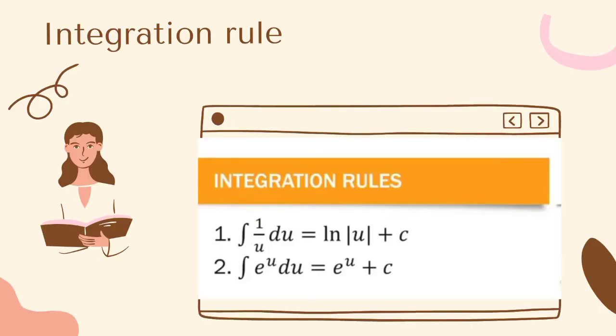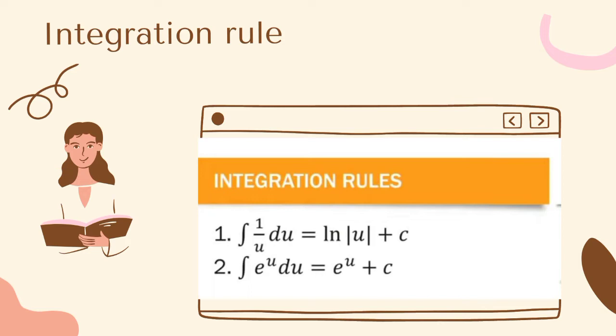So these are the integration rules for integrating transcendental functions. If we have the integral of 1 over u du, then it is equal to the natural logarithm of u plus c. And if we have the integral of e raised to u du, then it is equal to e raised to u plus c.